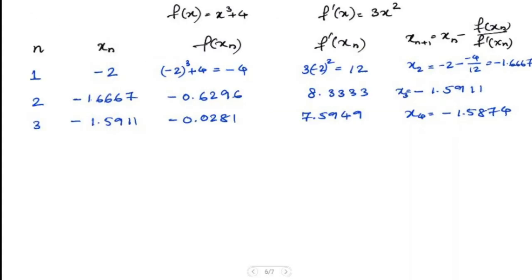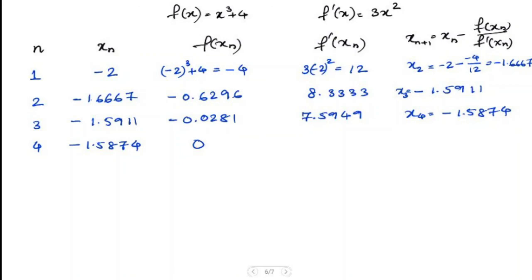I don't know if you subtract these to see the difference, but let's go one more step ahead. We go to step 4. So x4, we just got the value -1.5874. And f of xn will be 0 here.